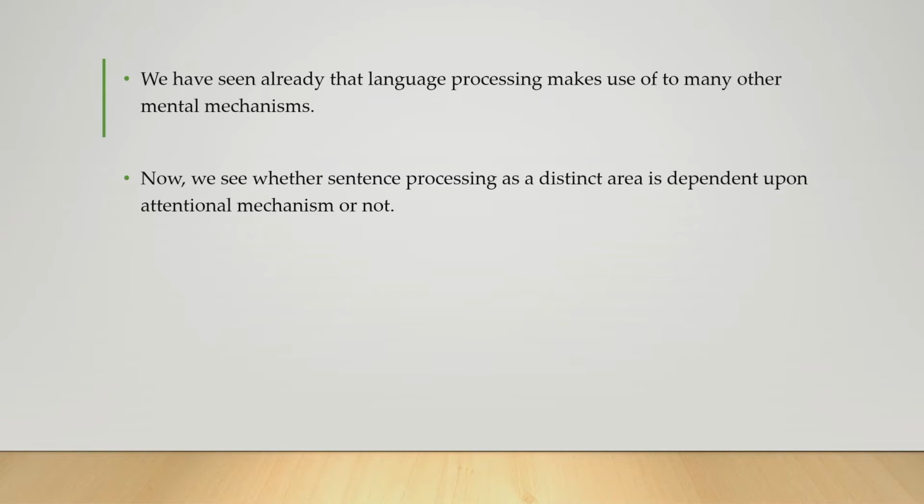We have already seen in part 2 that a lot of language processing aspects are voluntary, in terms of deliberate deployment of the attentional mechanism. So, we have already seen that language processing does make use of other mental mechanisms. But now, we will see whether sentence processing as a distinct area is also as dependent on attentional mechanism or not.